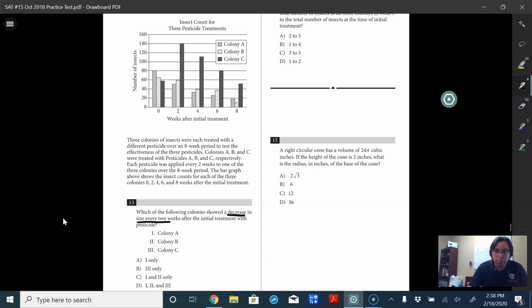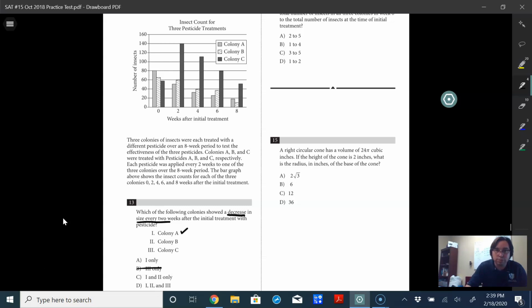We got a Roman numeral, so we want to tick them off one by one. So colony A, you can see we're right here, and it drops here, drops here, drops here, and drops here. So colony A is indeed correct and good. So we can eliminate answer choice B there.